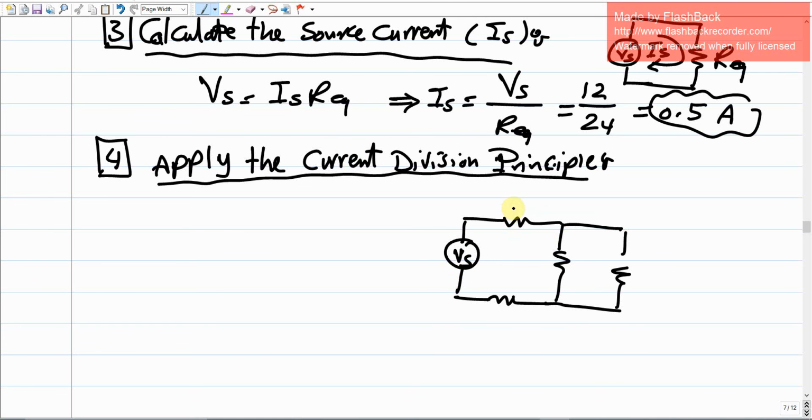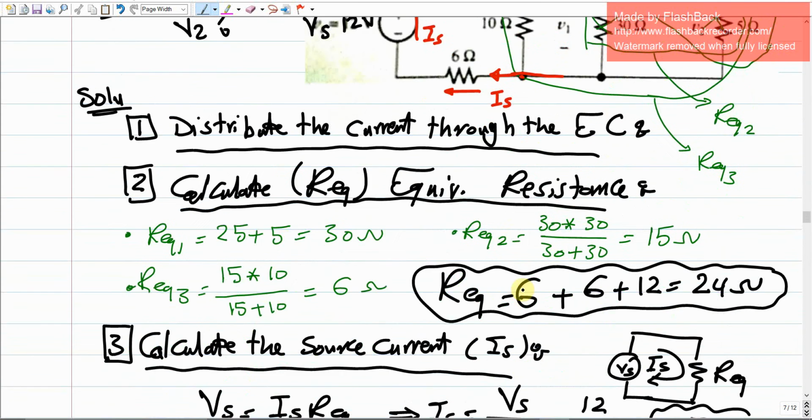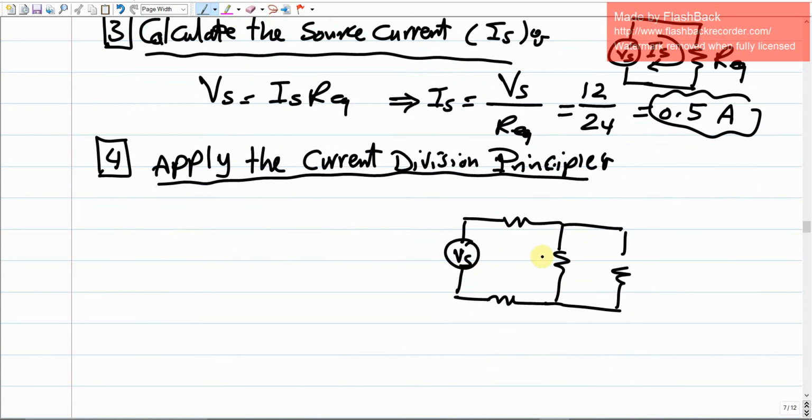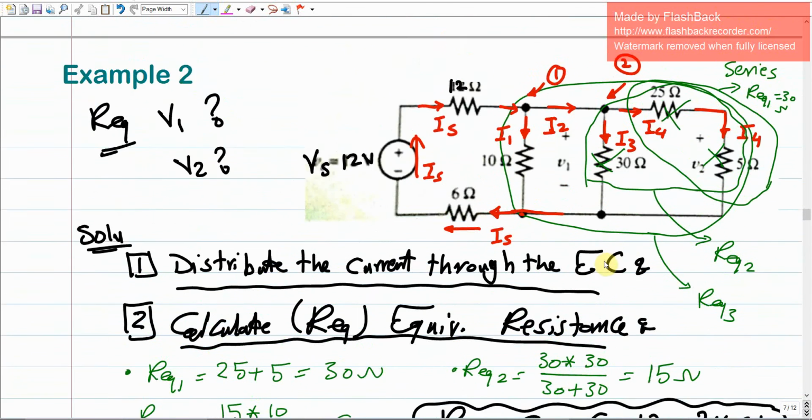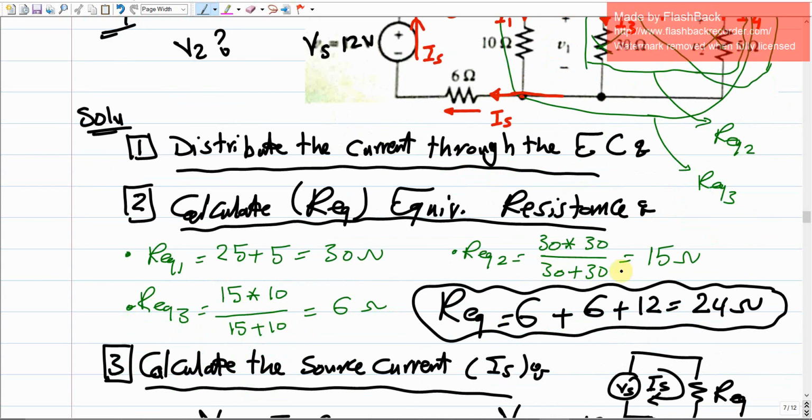And this should be this resistance. Here it is 12, 6, and there is 10. This should be the 10, this is the 12 ohms, and this should be the 6 ohms. This should be the R equivalent 2. Why the R equivalent 2? Because we combined all of these three resistances into just one, which should be R equivalent 2, that we just calculated as 15 ohms.